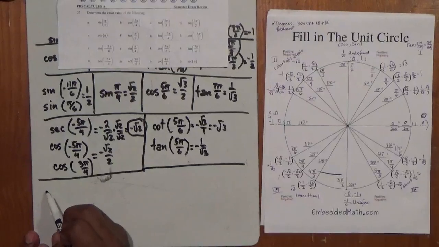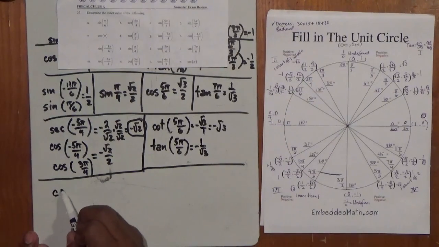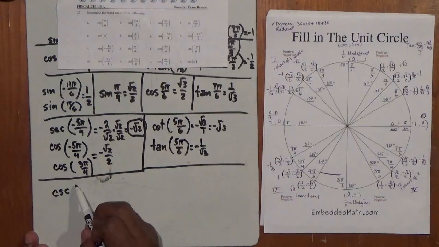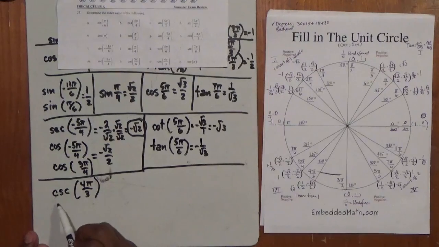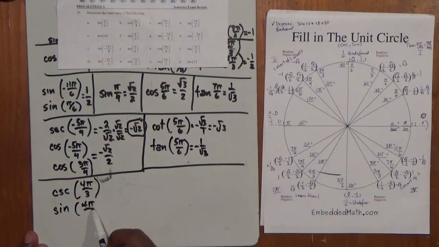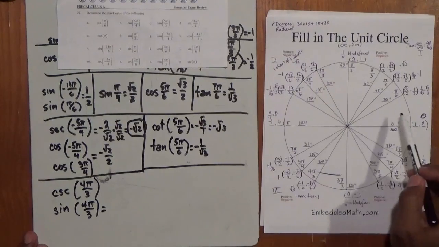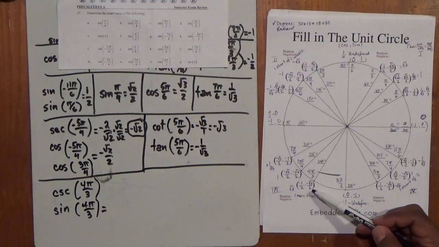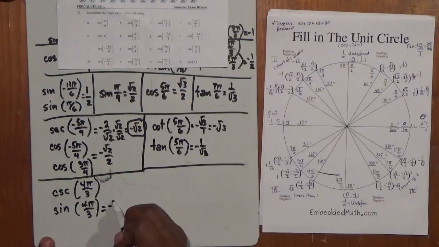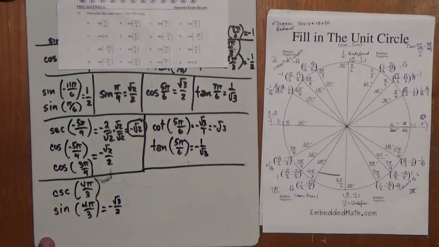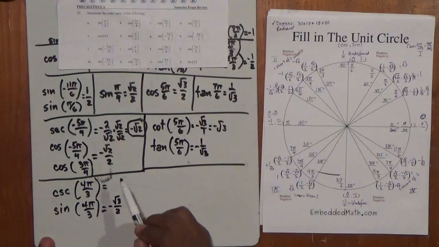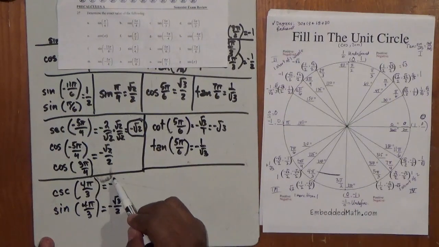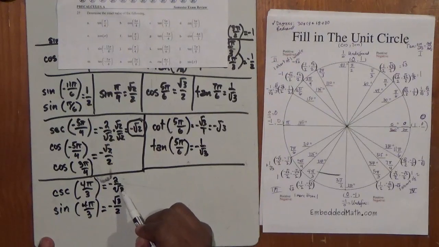We have cosecant 4 pi over 3. I'm not going to try to find cosecant; I'm going to find sine of 4 pi over 3 first. 4 pi over 3 is here, and the y-value is a negative root 3 over 2, which means cosecant is going to be the flip of that, negative 2 over root 3.